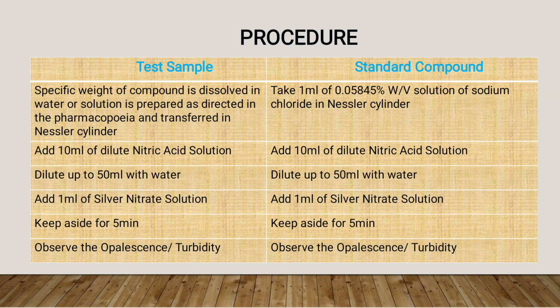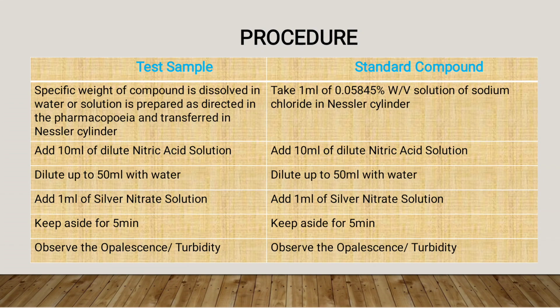Take 1 ml of 0.05845% weight by volume solution of sodium chloride in the Nessler cylinder for the standard compound. See the difference between this test sample and standard compound. When we perform this limit test, why are the standard and the test sample prepared? Because for the standard compound, this percentage or value is given by the official book.